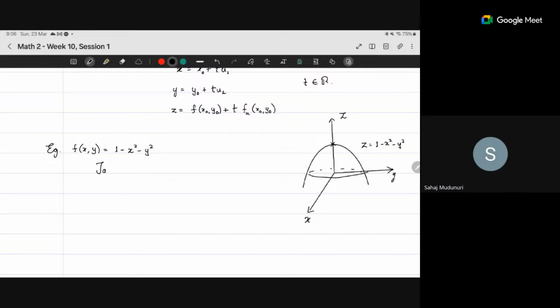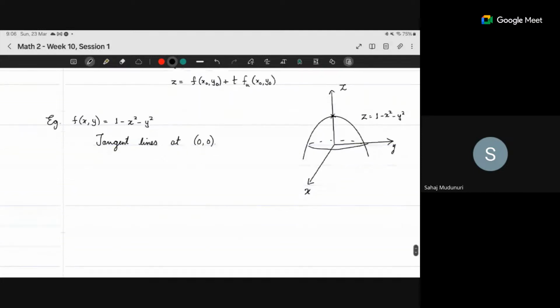So I want tangent lines at 0 comma 0. Right. So we talk about tangent lines in reference to the domain values. So at 0 comma 0 means 0 comma 0 comma f of 0 0, which is 1.